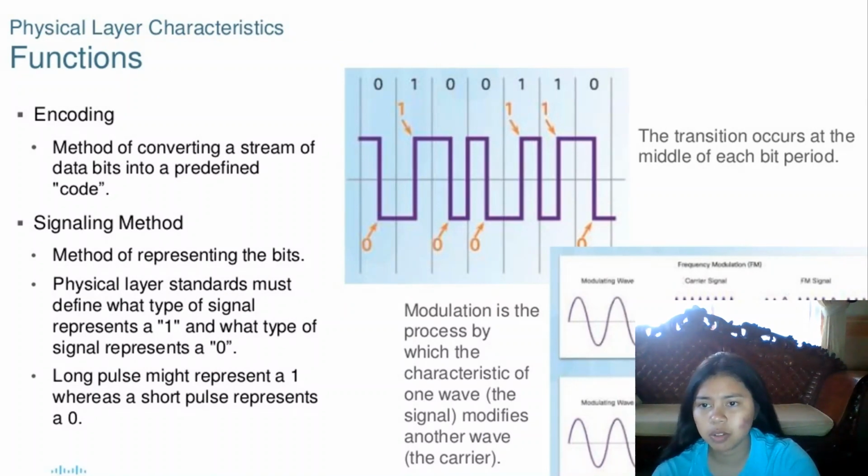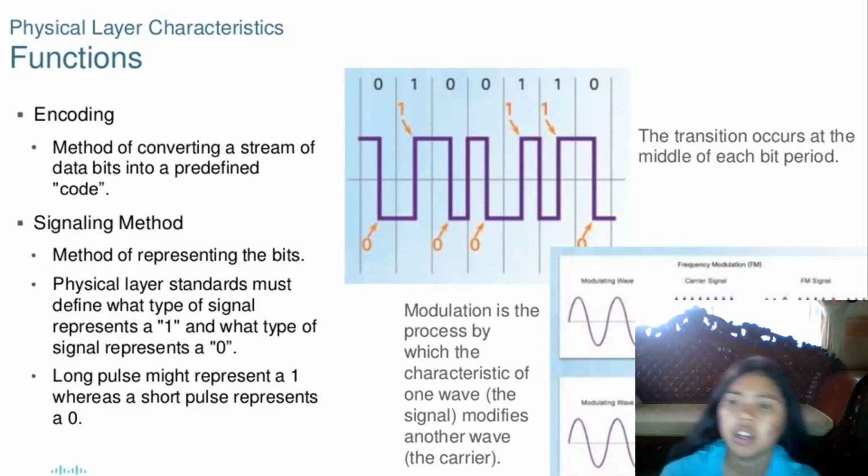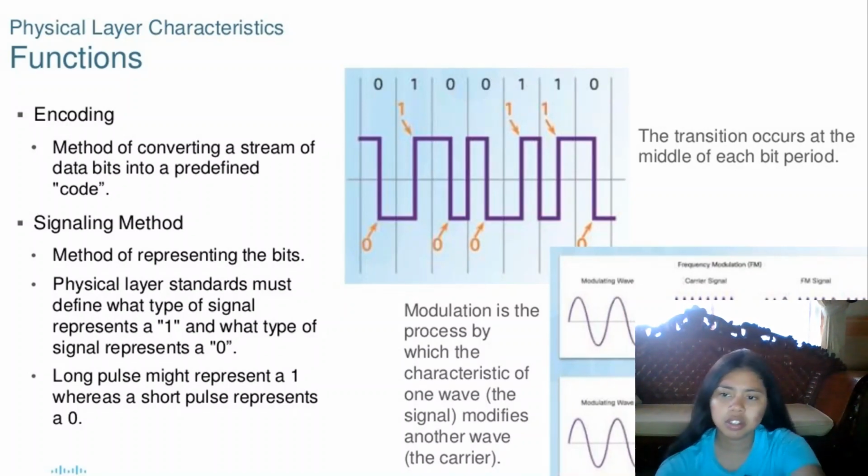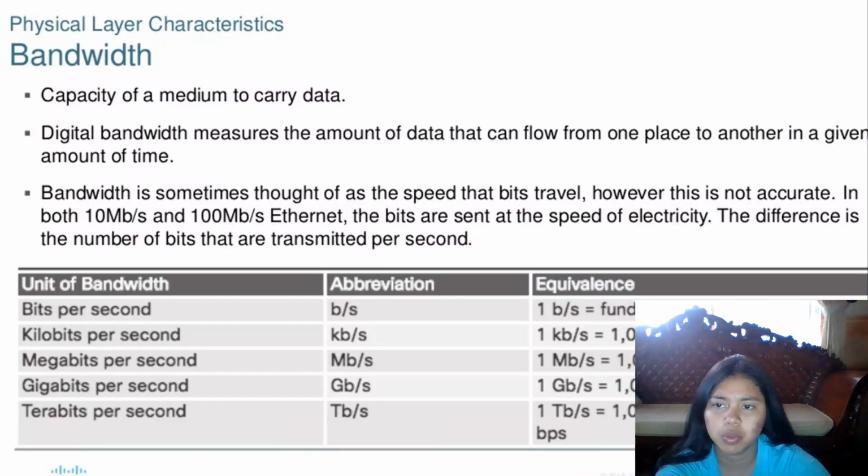An encoding method is converting a stream of data bits into a predefined code. Signaling method is the method of representing bits. The physical layer standard must define what type of signal represents a 1 and what type of signal represents a 0.